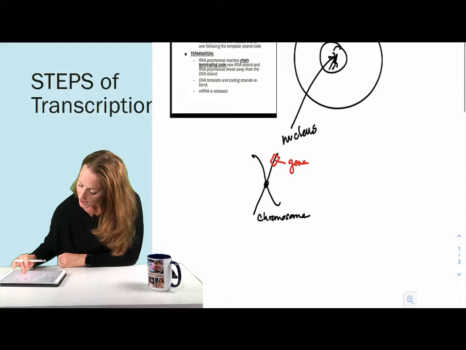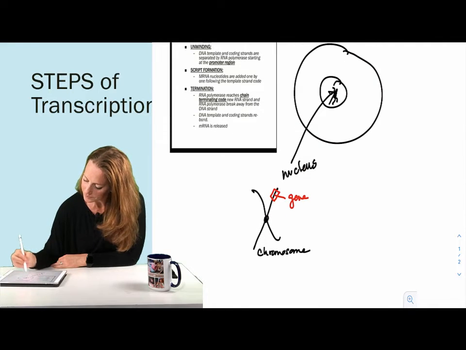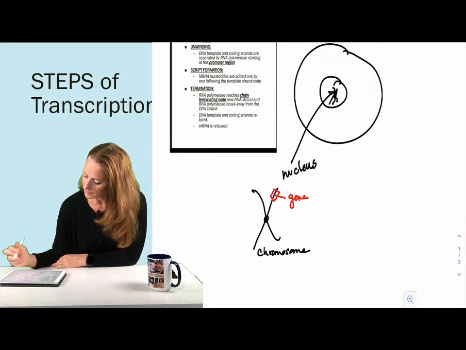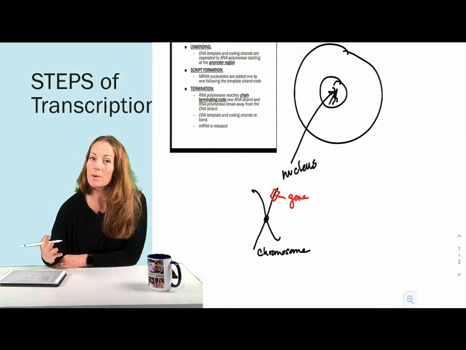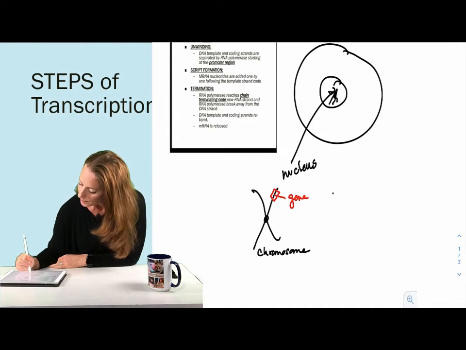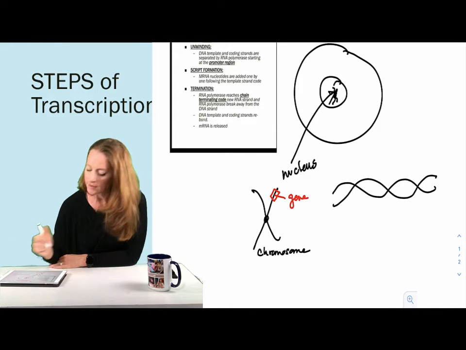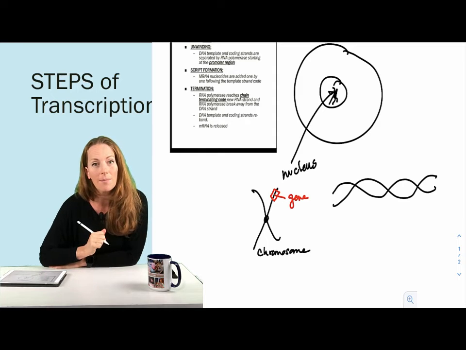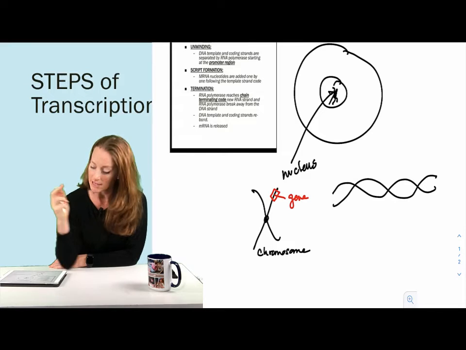So let's look at that gene. So first of all, the gene is composed of a sequence of DNA. Remember that that DNA exists in a double-stranded form. So the first thing that has to happen for transcription is to unwind and separate the strands of DNA.